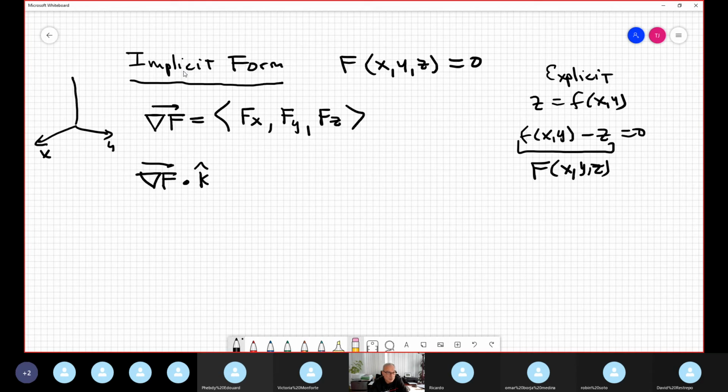This is my z, and this is my k, unit vector.